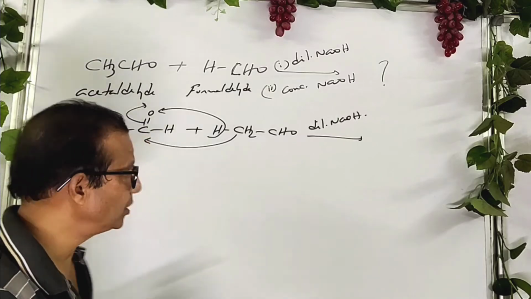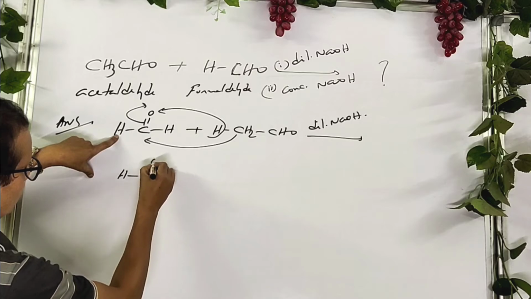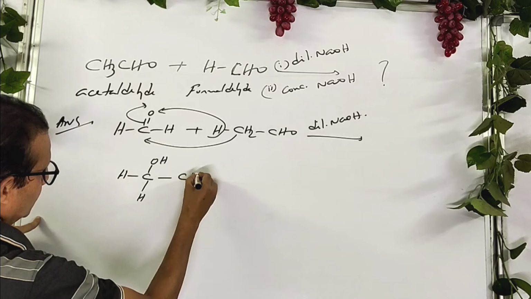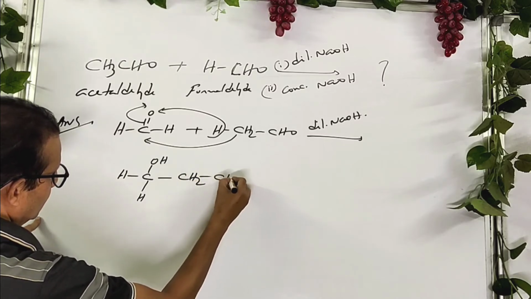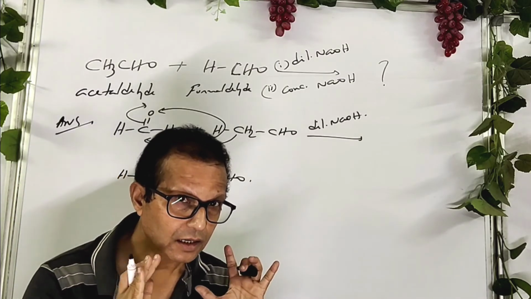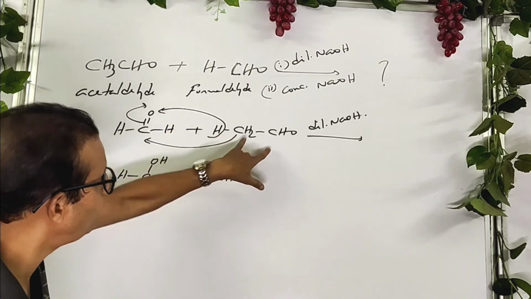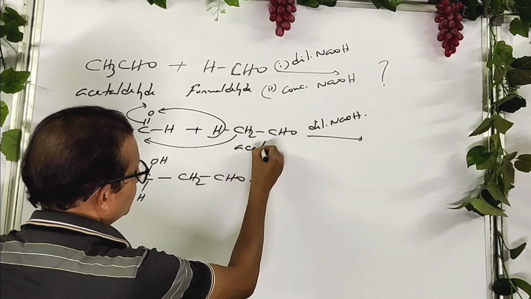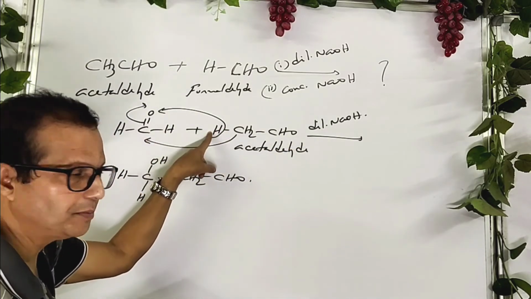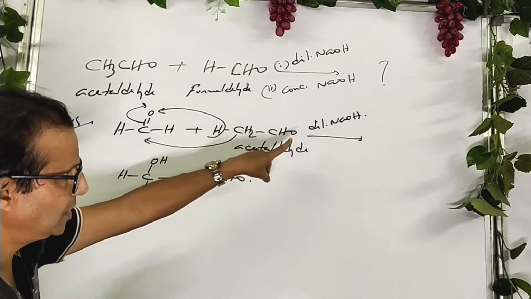So you get the product. So see, one alpha hydrogen atom of acetaldehyde is replaced by CH2OH group. This is the first step.